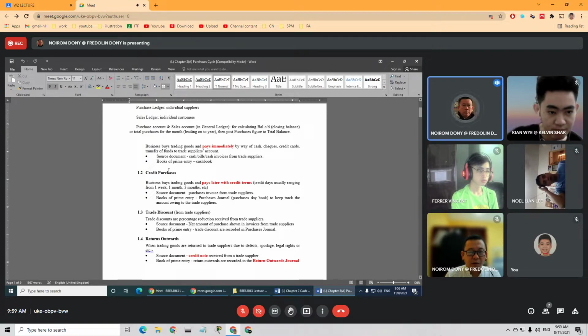Or if you look at the direction of the transaction: let's say our business is ABC Berhad, and it receives an invoice from CDE, meaning this is credit purchases.